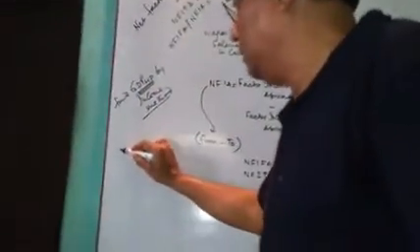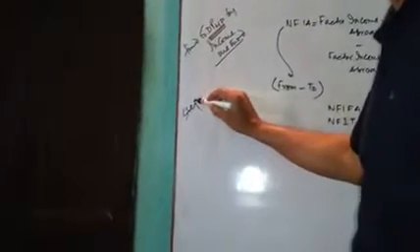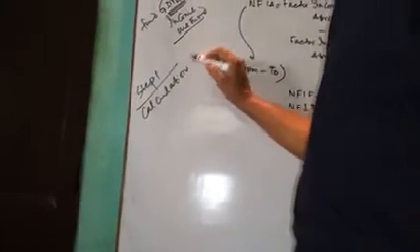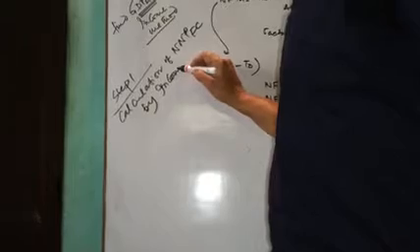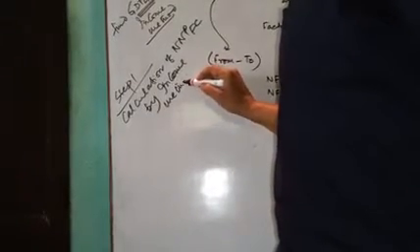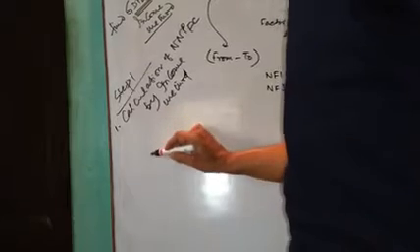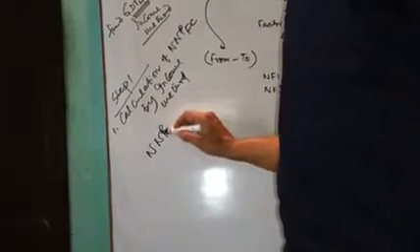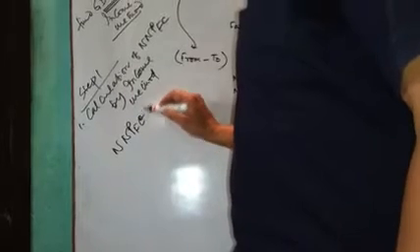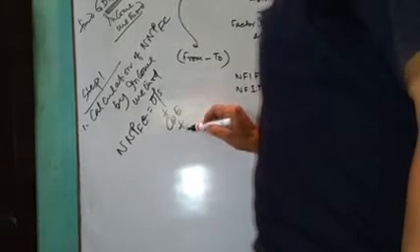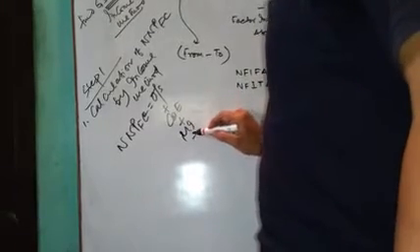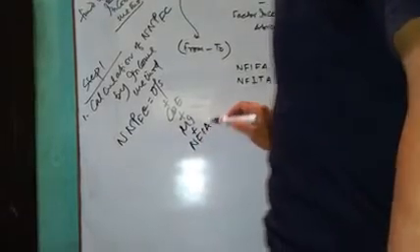Simply write step 1: calculation of NNPFC by income method, and you use the formula NNPFC equals OS plus COE plus mixed income plus NFIA that I have explained right now.